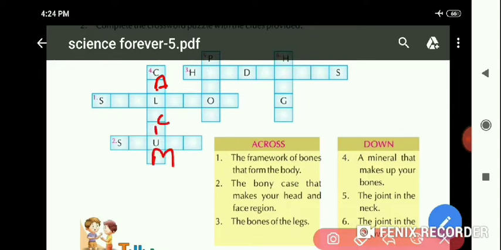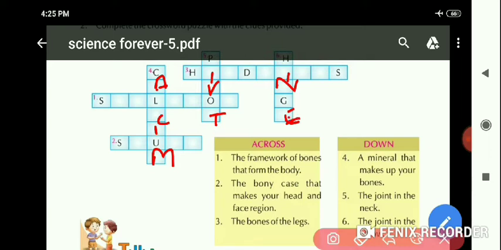Number 5, the joint in the neck, that is pivot. Number 6, joint in the elbow, hinge joint.